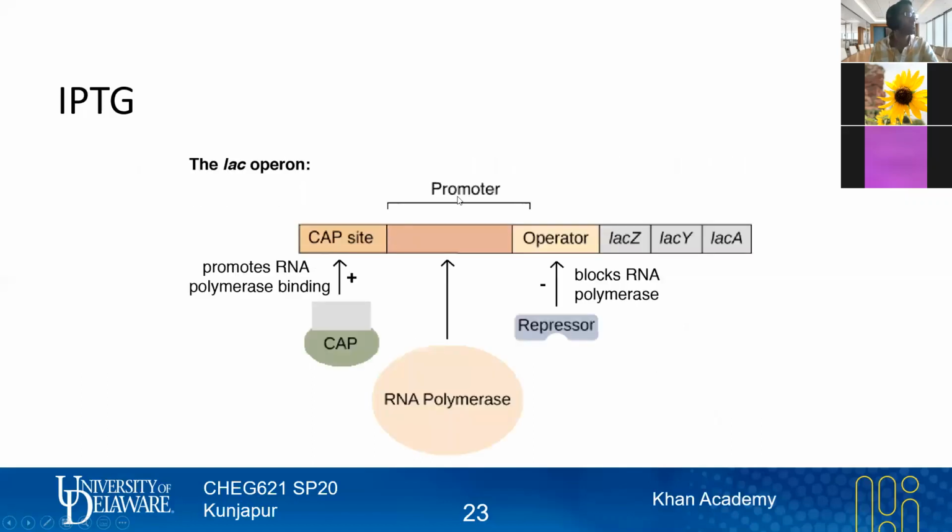Right, and so when we use IPTG for protein overexpression, we're actually doing one thing that's different from the lac operon. We are typically working with the region of the promoter and operator that is now independent of catabolite repression.